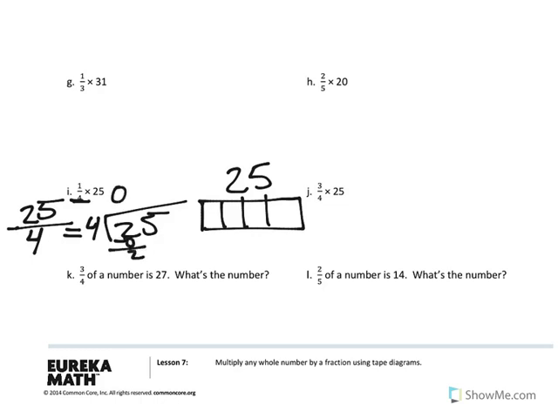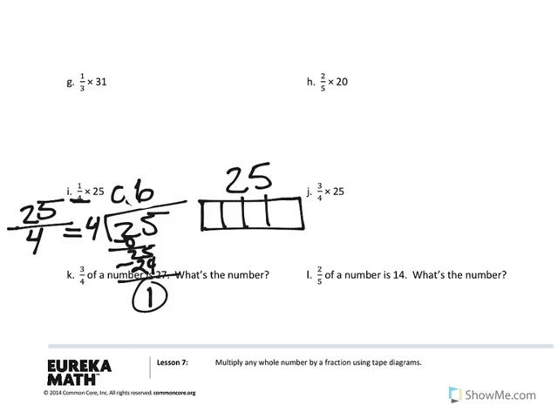25 divided by 4 is 5. Nope, 6. So 6 times 4 is 24, and I have a remainder of 1. But I can't have a remainder, so I have to put this into a mixed number.